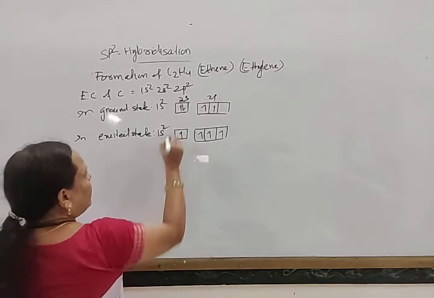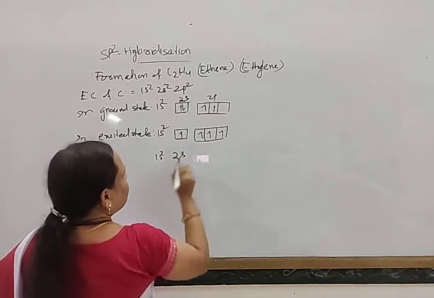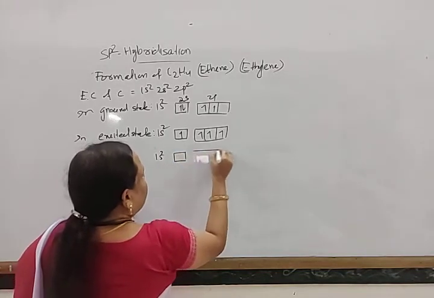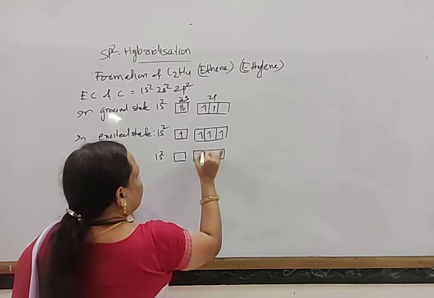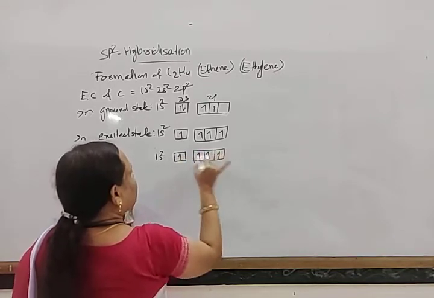Here, among the 2s and 2p orbitals, one orbital remains unhybridized and the other orbitals undergo hybridization.